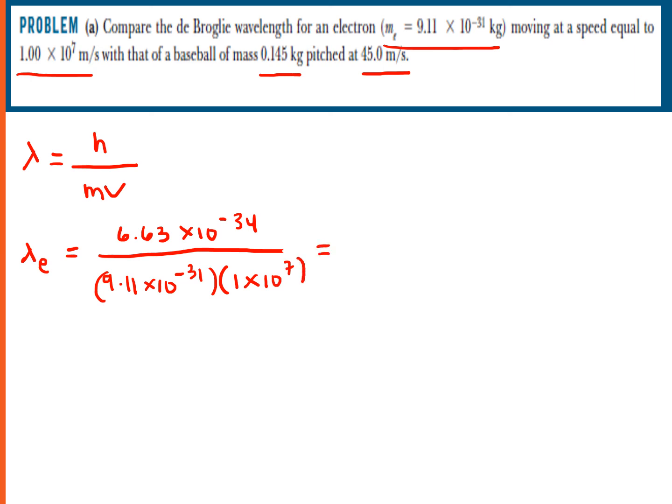This gives us a value of 7.28 times 10 to the power of negative 11 meters.